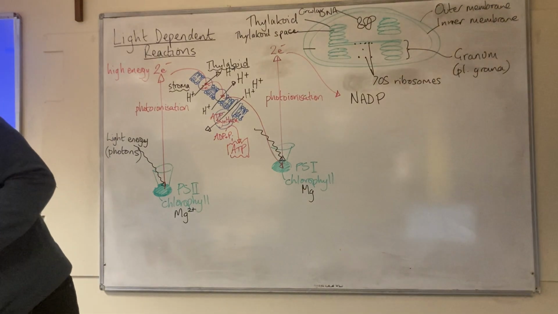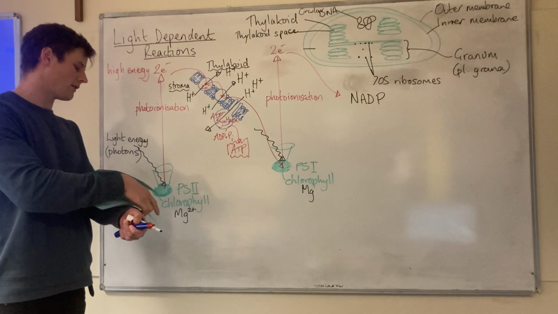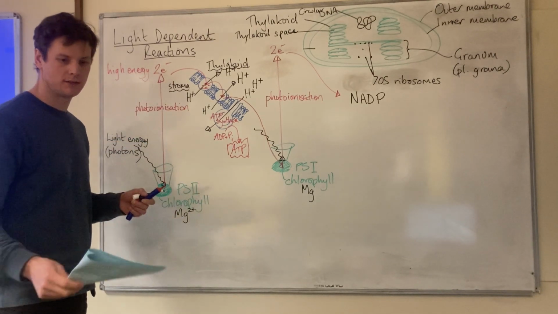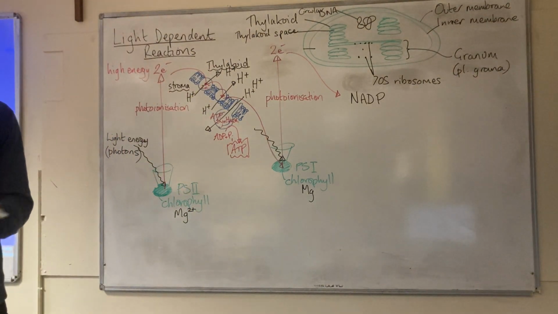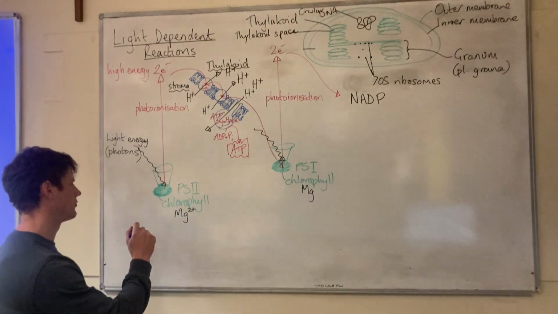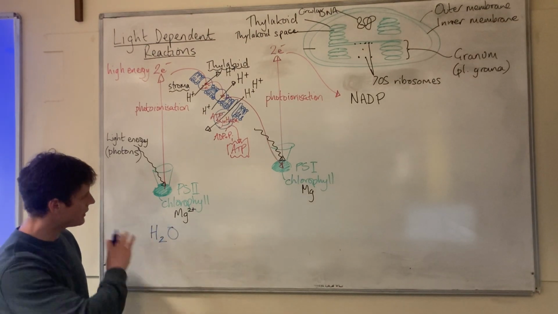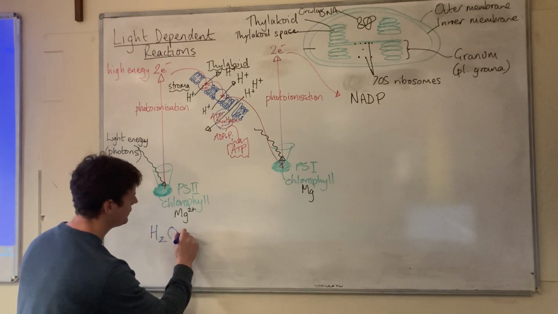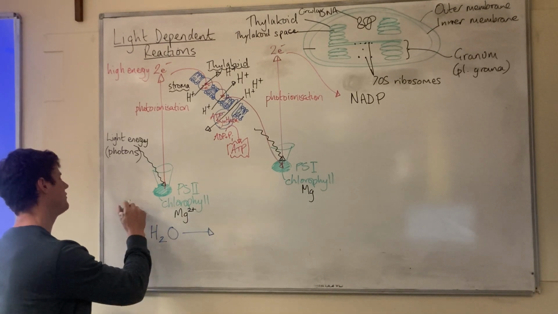So down here, and you can see this more easily perhaps on the diagram on page 19, there is a reaction going on that involves the splitting of water. So I'll just draw that down there. And this is associated with photosystem 2 primarily. Now water is split using energy from light.